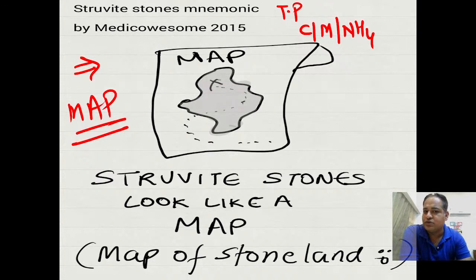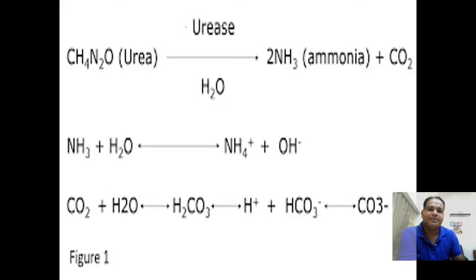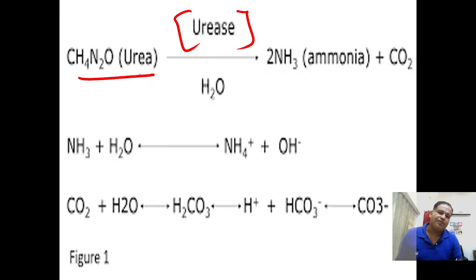Triple phosphate stones. Fine. Now you see, this is what is done by the urease, which is an enzyme produced by the bacteria. Our urine has got urea. So urease will break down the urea into ammonia, and carbon dioxide will be released. Now, water is there in the urine.